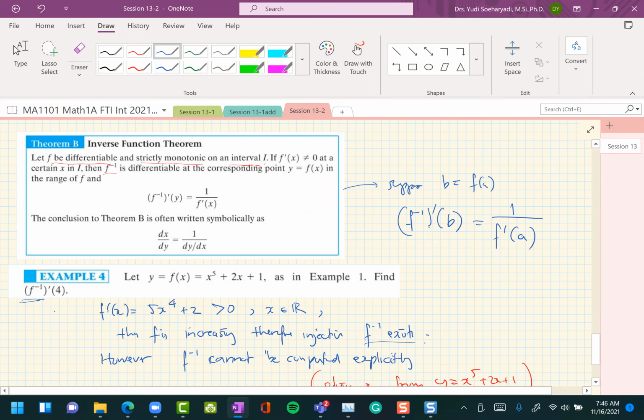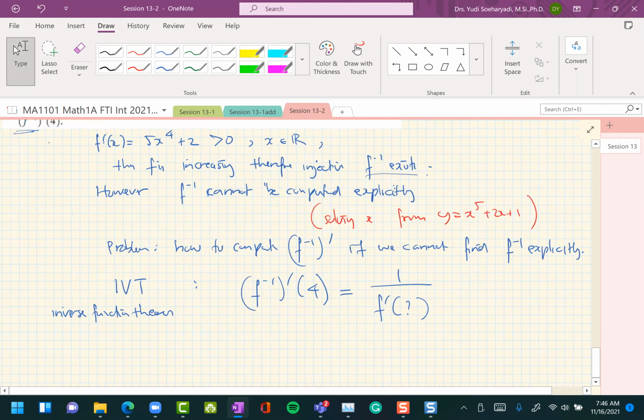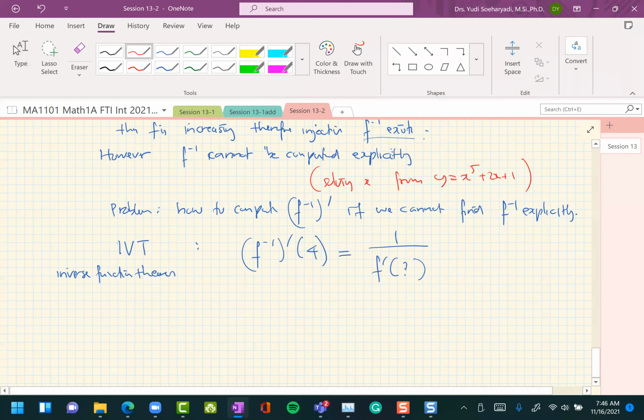So this is not the same: this is b, and this is a. How are they related? f of a must equal b.